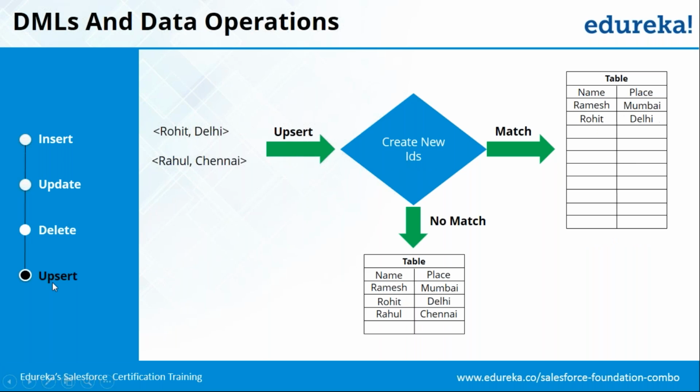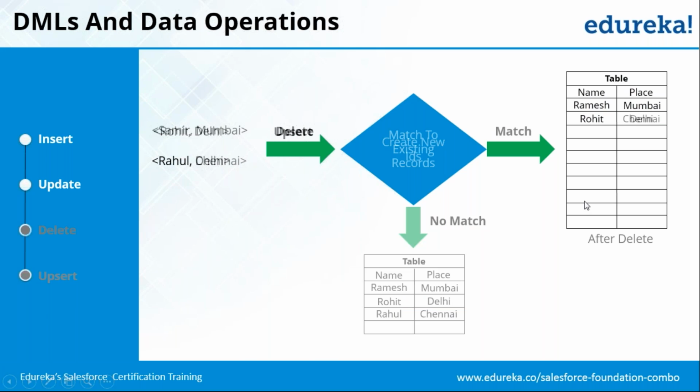And then we have the upsert command. I mean, you might probably recognize what upsert is by just the name, right? So it's update plus insert. The concept here is that if the record is already existing, then that record will be updated. But if the record is not existing, then the new record will be created. Okay, so currently we had only these two records.